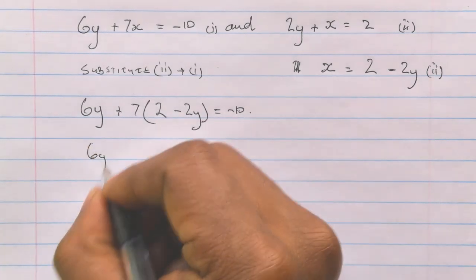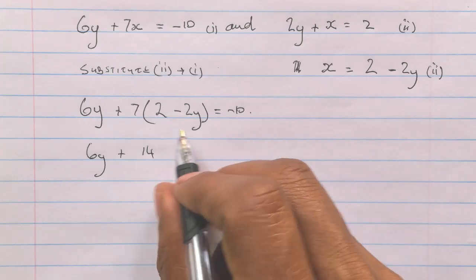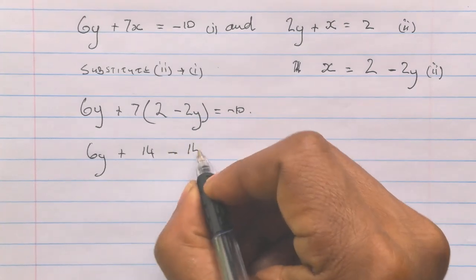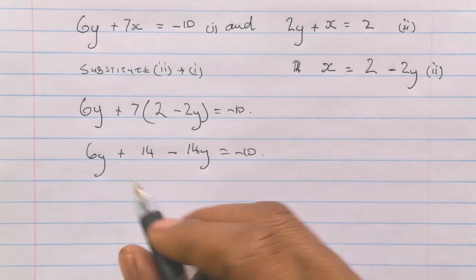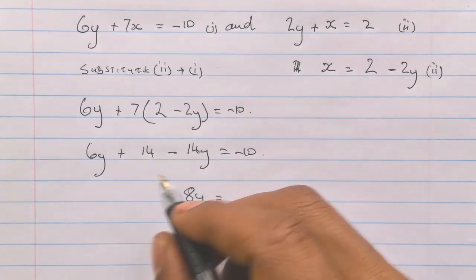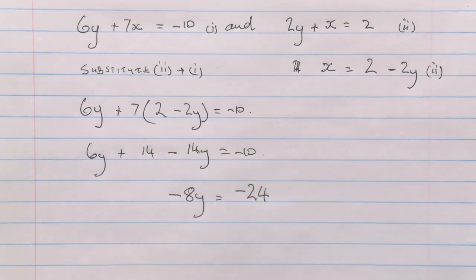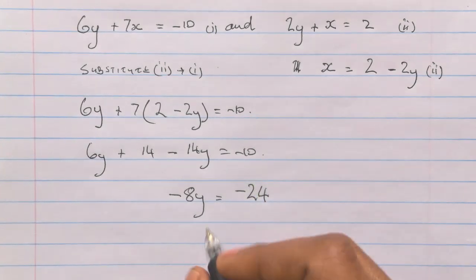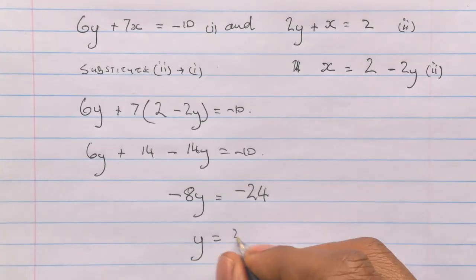Then what happens now? Everything will be having a single variable. So I'll have negative 14y, negative 10. Then these two will give me a negative 8y is equals to, this one will come this side. That's what it will become. Then when I divide both sides by 8, I'll have a 3.